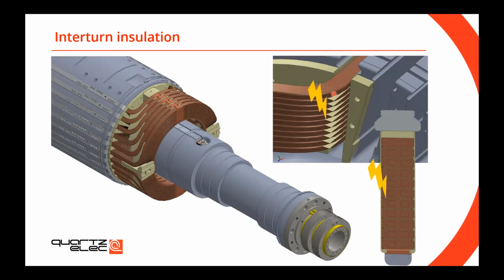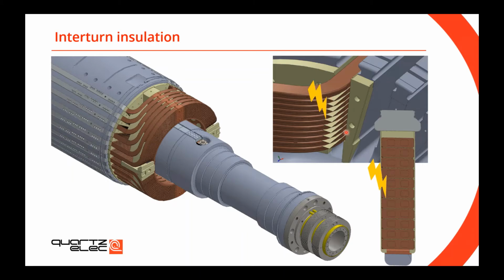That means that it's prone to damage, especially mechanical damage. You're going to find this insulation in every slot, but also in the end winding section. And depending on where you find that interturn fault, you can then estimate how critical this fault is for you.